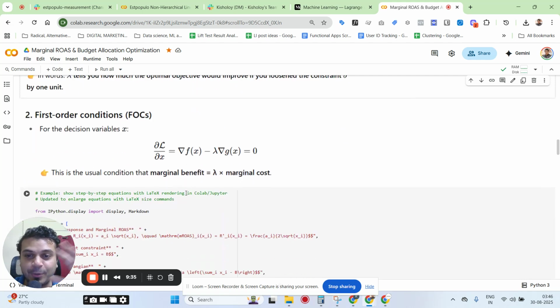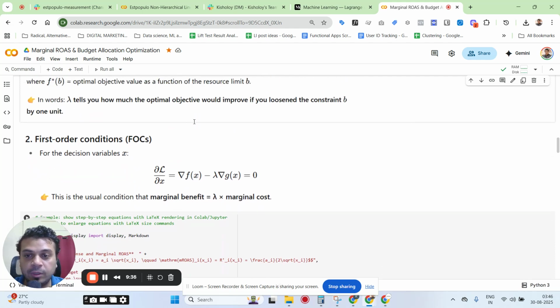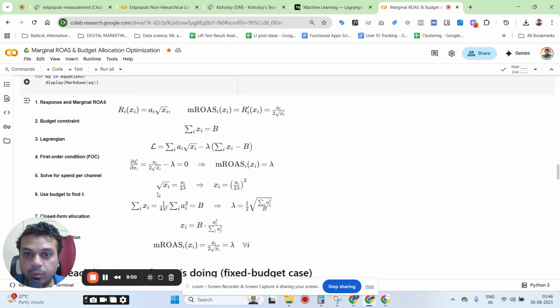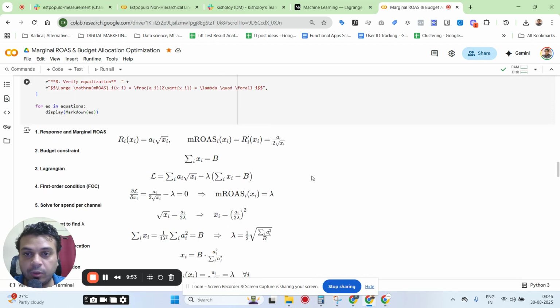That is quite a bit, but this is how the mathematical formulation looks for the optimization problem. The whole point is that budget allocation is nothing but an optimization problem. If I go into the specifics of the problem we are talking about, the response curve that I showed was this one, right?